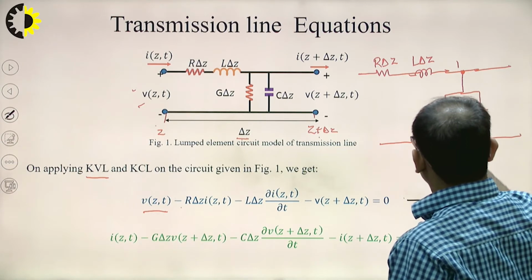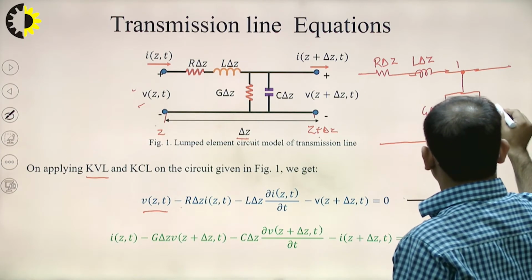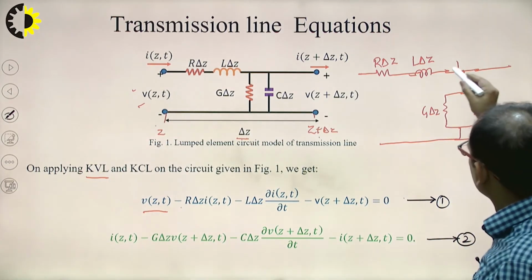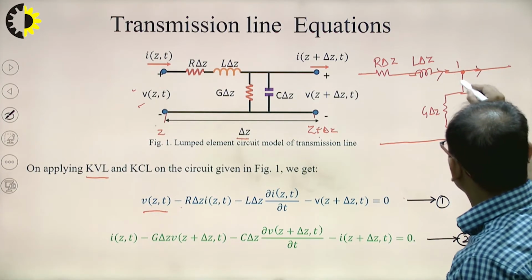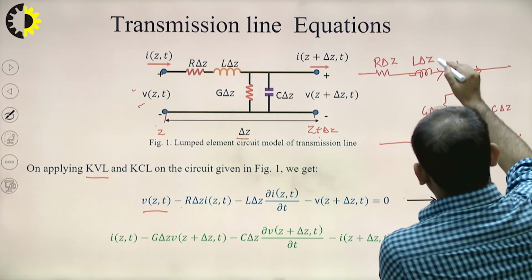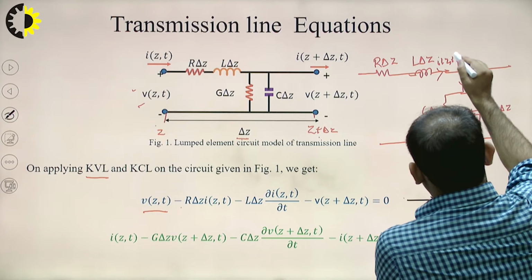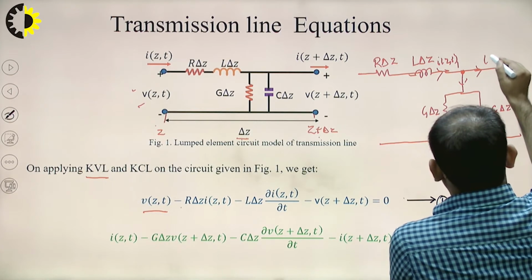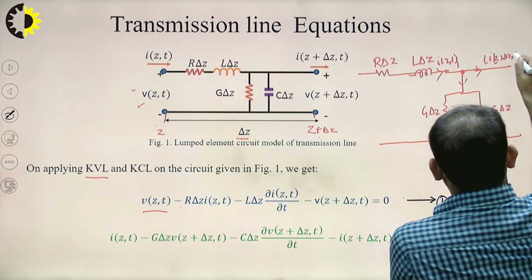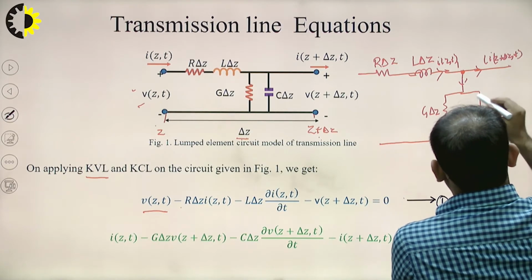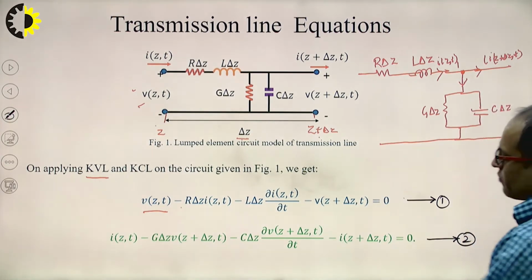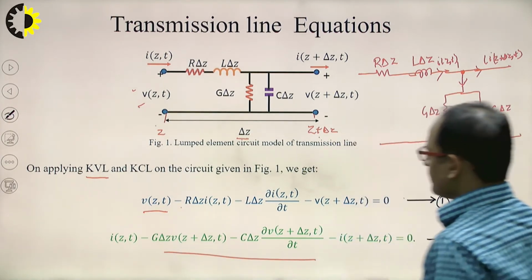This is G into delta z and this one is C into delta z. Now apply the KCL rule here in this direction. You will see that this one is I of z, and this current represents what? I of z plus delta z. Clear? And this one is what? Current, that is given by this one. Clear?